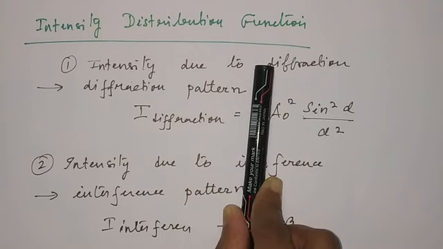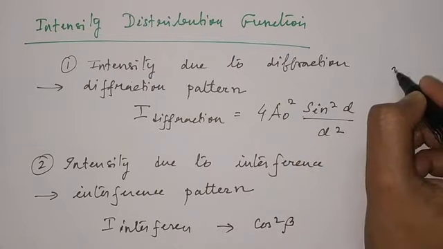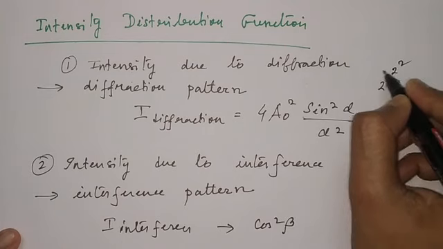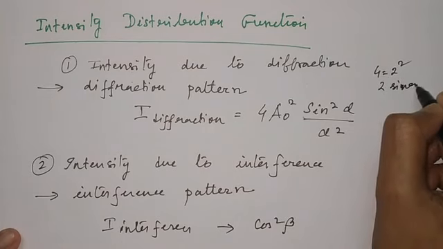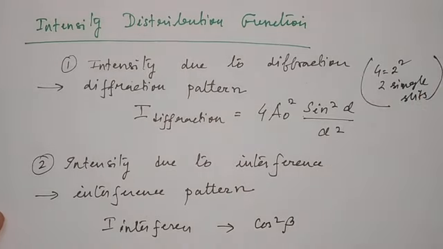Now there is diffraction for two individual slits, so that's why we have got the factor of 4, the square of 2, because there are two single slits. That's how we have got the 4a0 square sine square alpha by alpha square.